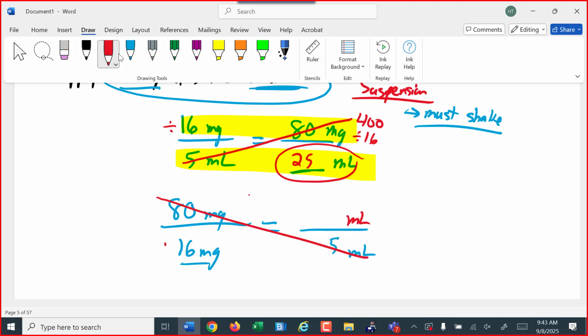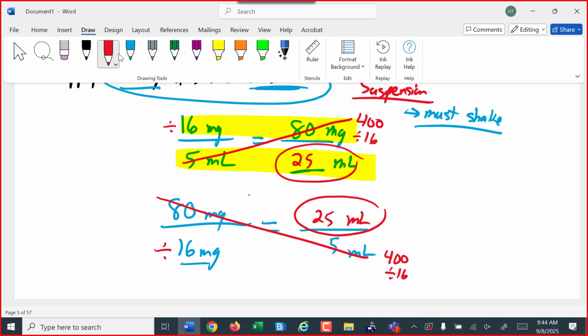I cross multiply and divide. Notice I get the exact same numbers. 80 times 5 is 400. Divided by 16 is 25. So even if you don't have that location for pieces in the proportion memorized, all you have to do is worry about matching up the units.